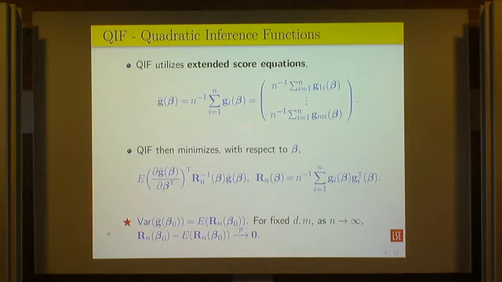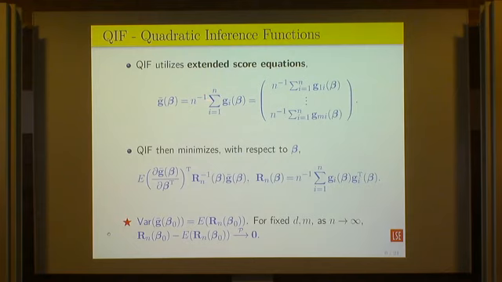Here are the details. Those G R_i, we can form into a vector, G_i, where each G_i corresponds to the i-th group of the data. The quadratic inference function is then proposed to minimize this. It involves the derivative of this g bar.